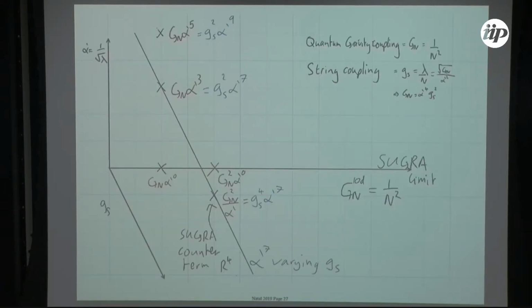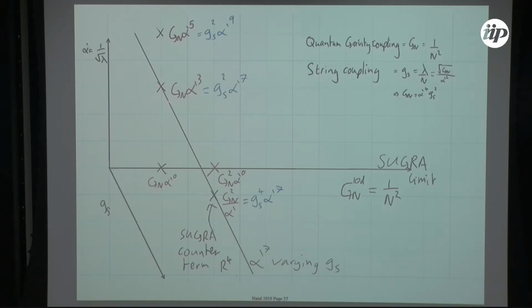Again, going back to this diagram, this would be the tree level string theory correction, R to the 4, and then there's higher derivative corrections. I know that this has been discussed in previous talks. I guess these sorts of corrections.